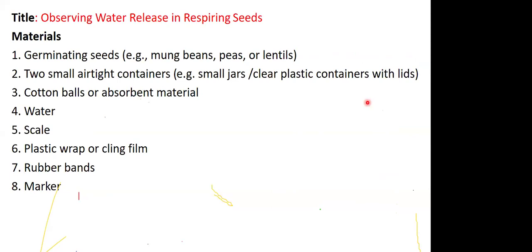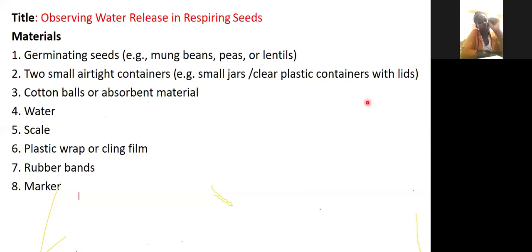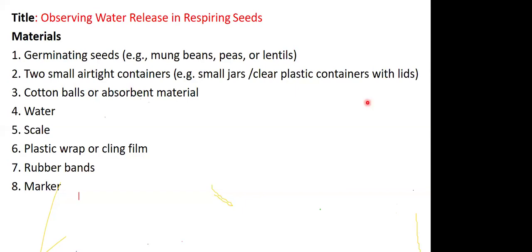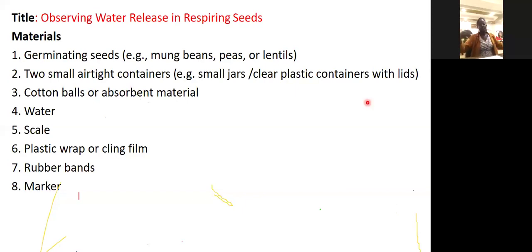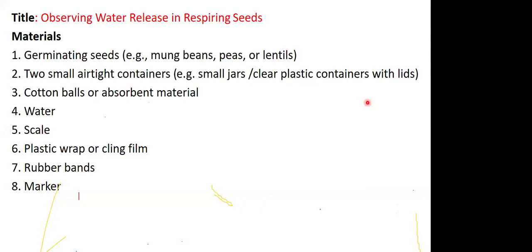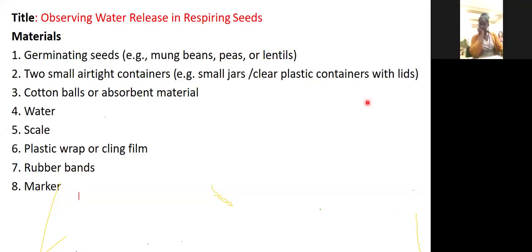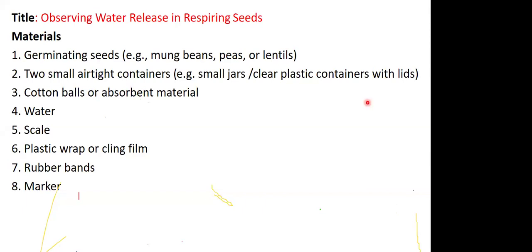Okay, so there's something that you may need to modify in this, in the sense that you may need to work with germinating seeds and then seeds which have been boiled and sterilized in the other container. That is a very important adjustment. I think I need to correct that somewhere.